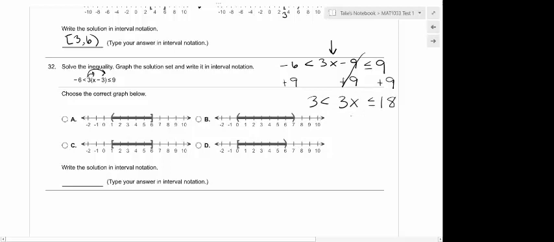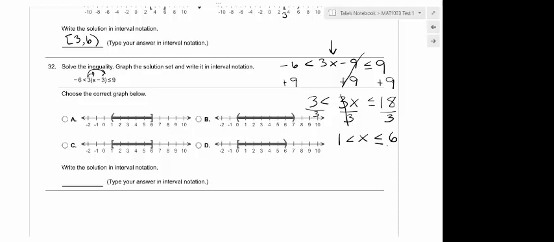Now what is the last step to getting the x in the middle by itself? You would divide by 3. And we're going to do it everywhere again. So do it 3 times. So 3 divided by 3, what does that give us? 1. So 1 is less than x is less than or equal to 6.